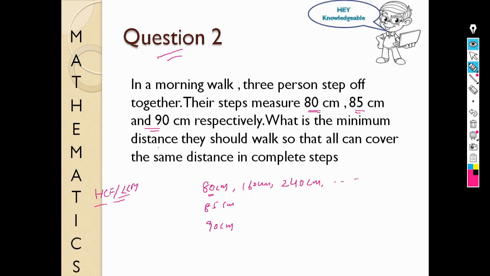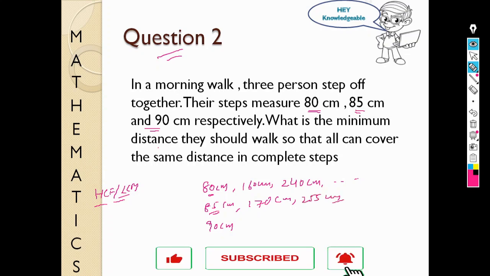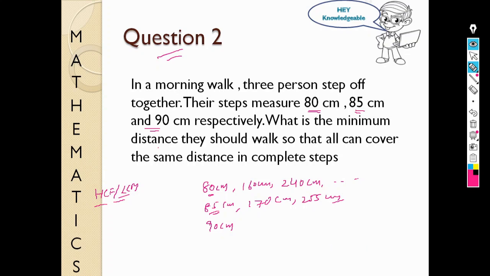In the same way, the person whose step measures 85 centimeters will walk in multiples of 85 centimeters, that is, after two steps he would have walked 170 centimeters, and after three steps 255 centimeters. In the same way, the person whose step measures 90 centimeters will walk in multiples of 90 centimeters, meaning after one step it would be 90, after two steps it would be 180 centimeters, and after three steps it would be 270 centimeters.